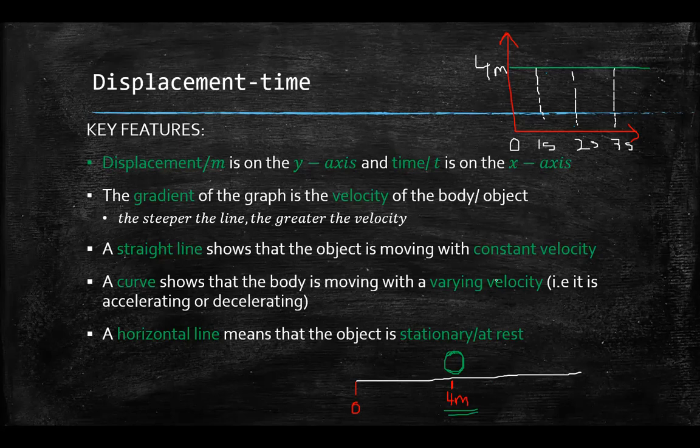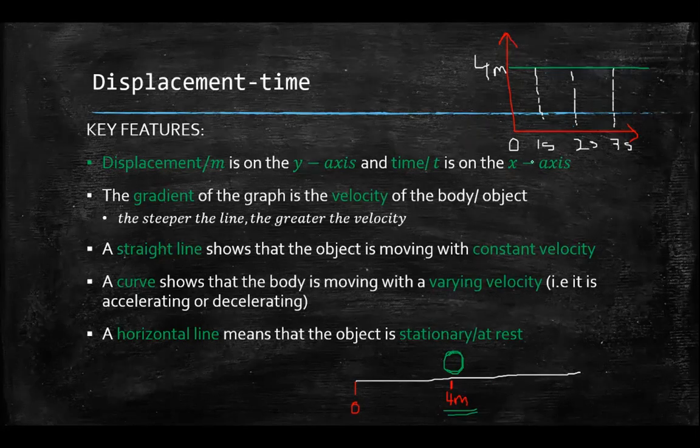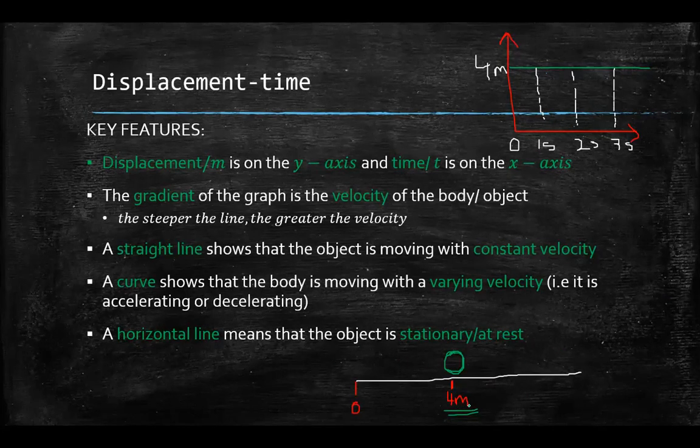If I'm counting 1, 2, 3, I realize that the body is just staying at this 4 meter mark. It's not moving to the right, it's not moving to the left, it's not going anywhere. It's still at this 4 meter mark, even though time is going by. That means that the body or the object is stationary or at rest. It's not moving. It's just staying at that 4 meter mark. Do you understand that?